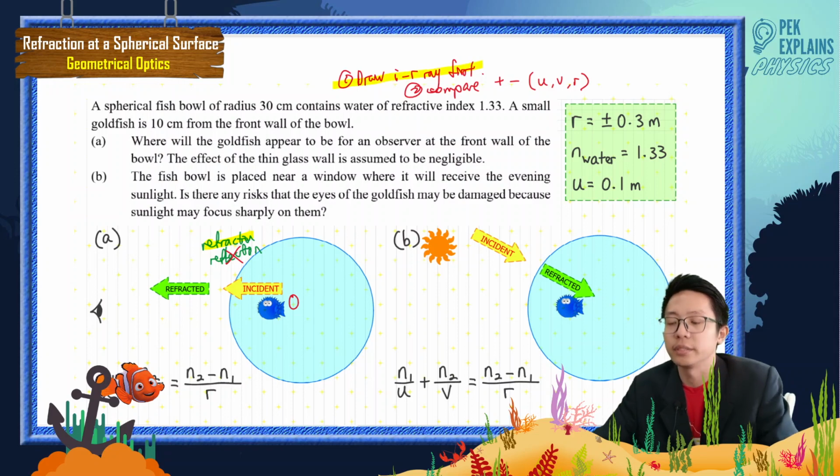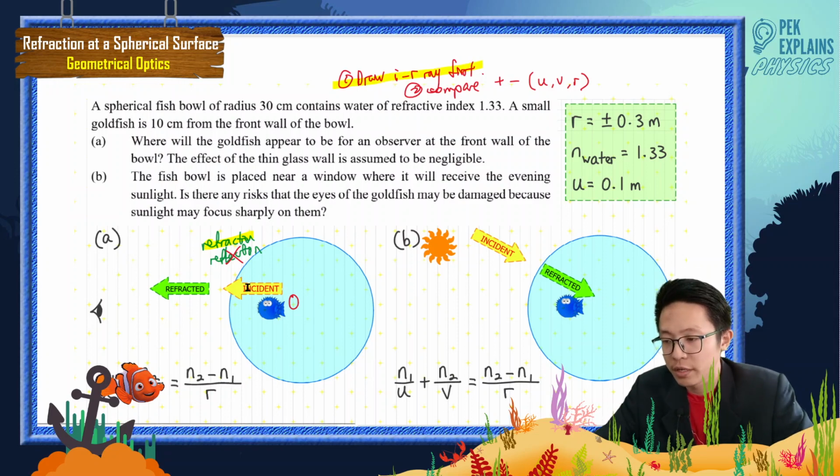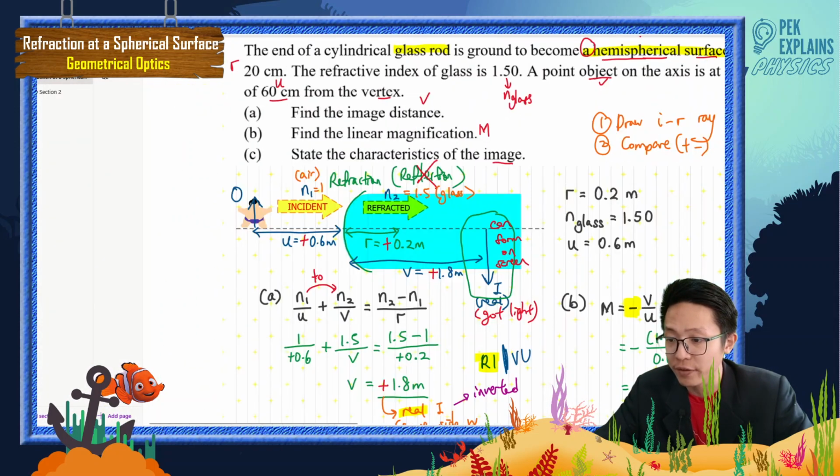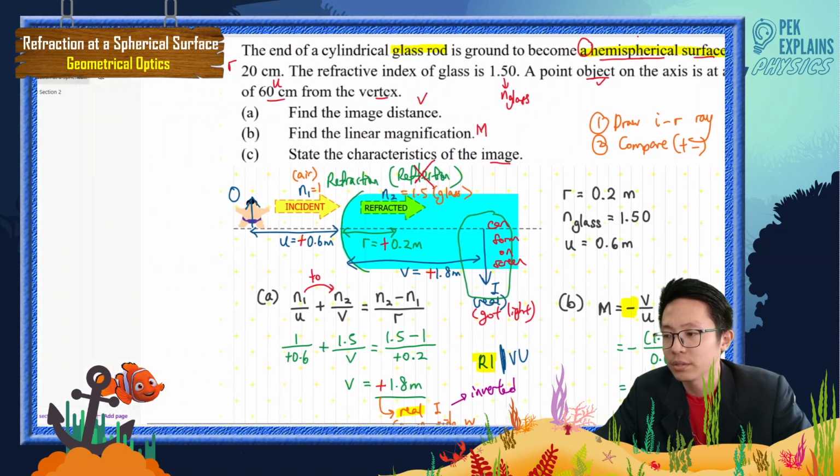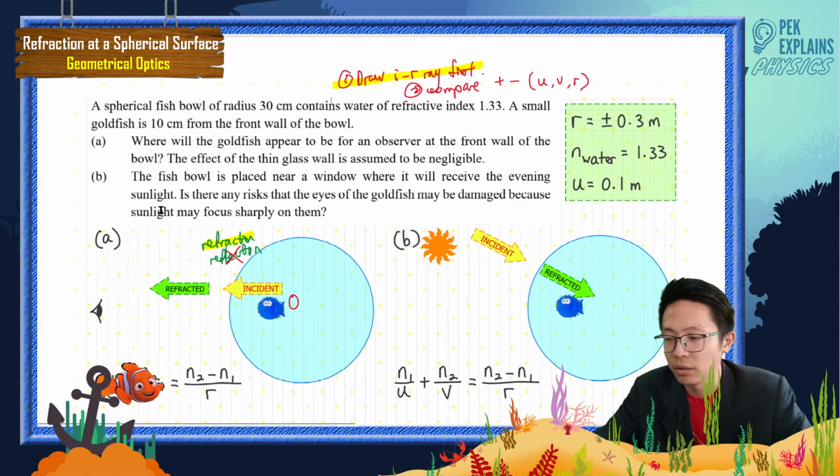So I already drew the incident ray and refracted ray, and here the object is inside. You must identify whether the object is inside the medium or outside the medium, inside the material or outside the material. Like the sumo wrestler, the sumo is outside the material, not inside. This one, the goldfish is inside the material, not outside.